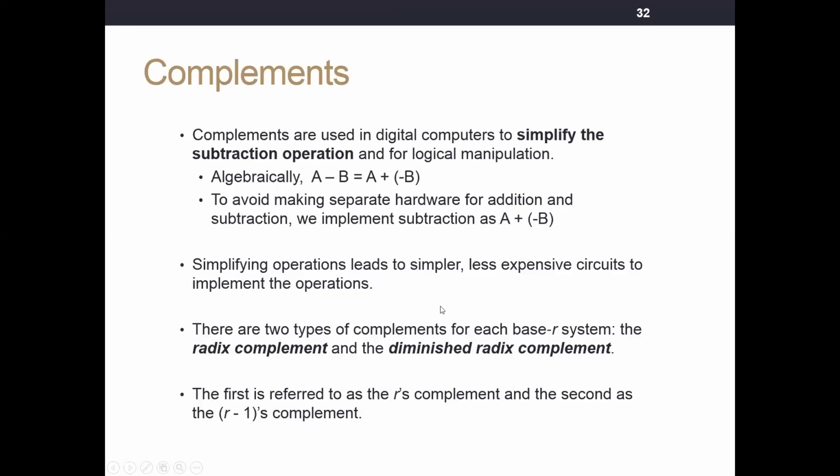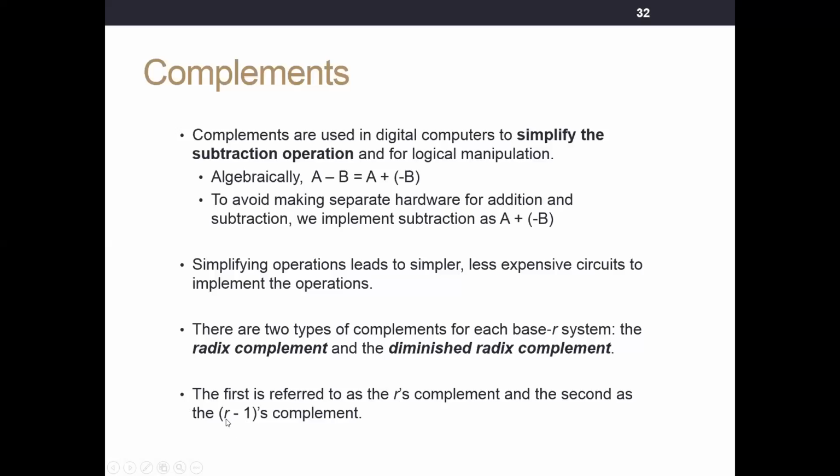Now we're going to see that there are two types of complements that we can use for each base R system: the radix complement, where R is the radix, and the diminished radix complement. We refer to the radix complement as the R's complement. Remember, in a base 2 system, R is 2, so we'll have the 2's complement. The diminished radix complement is the R minus 1's complement.